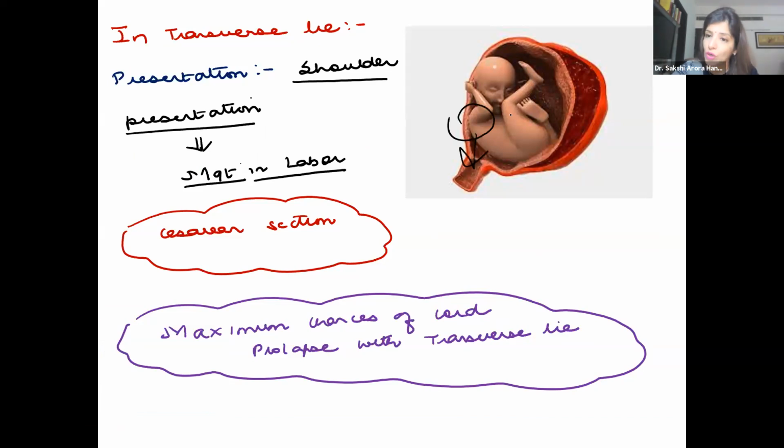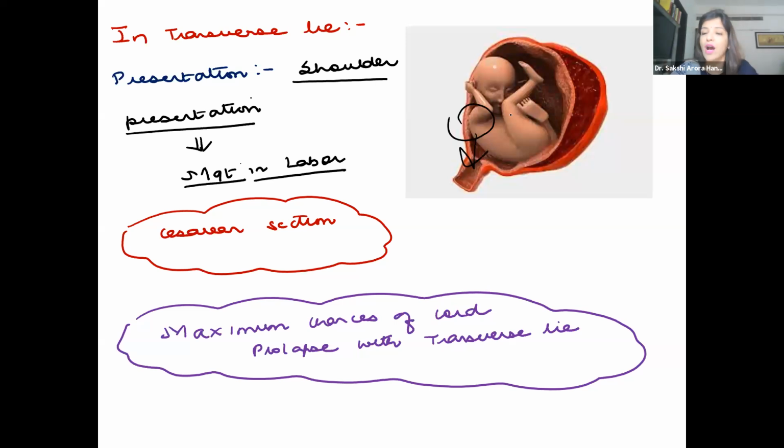So whether the question says transverse lie or shoulder presentation, always and always the management is cesarean section, whether the baby is alive or dead. A dead baby with shoulder presentation is called neglected shoulder presentation. So if they ask you what is the management of neglected shoulder presentation, again, your answer should always be cesarean section, right?